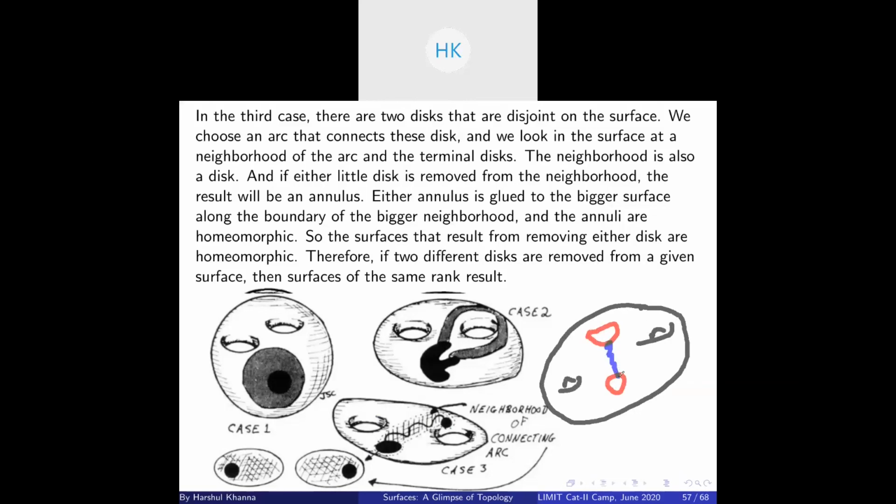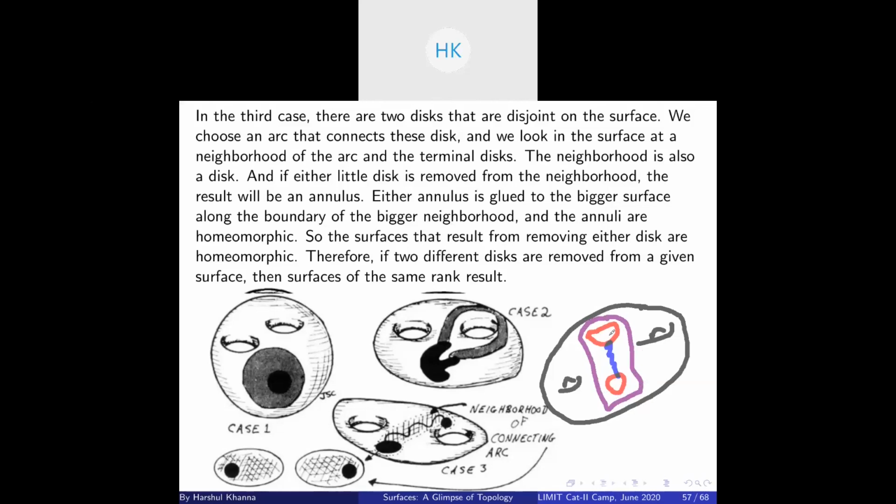Let's say I connect these by this, and I consider a neighborhood of this arc along with the discs. I consider this surface. I remove this surface from the original surface. Now, this surface is equivalent to a disk with two disks marked on it.